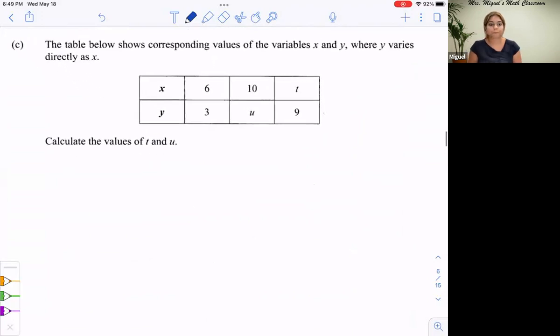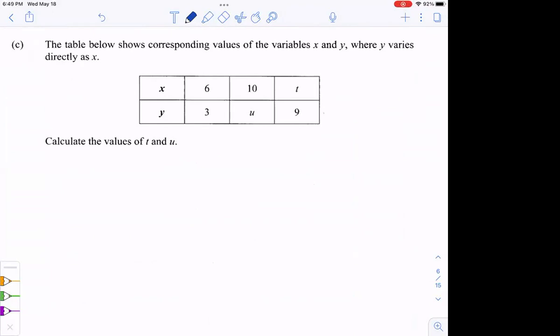All right. The table below shows corresponding values of variables of X and Y, where Y varies as X. So that is the first thing we're going to write.